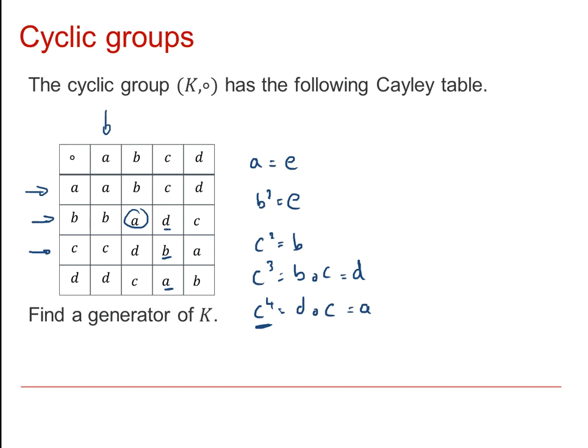So we can say that C is a generator, and indeed you could do the same thing for D. And notice again that D and C are inverses of each other.